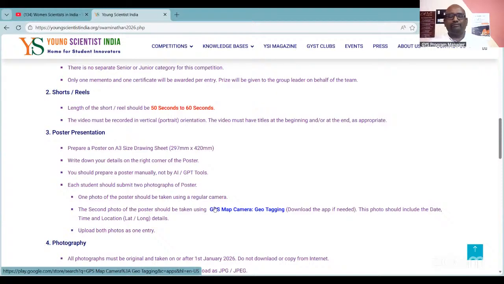You can take a picture that helps us to identify the date, time, and location also. So this app helps to identify this is the latest image and not a duplicate one. So please download the app and send that picture to us. Right. So this is about poster presentation.